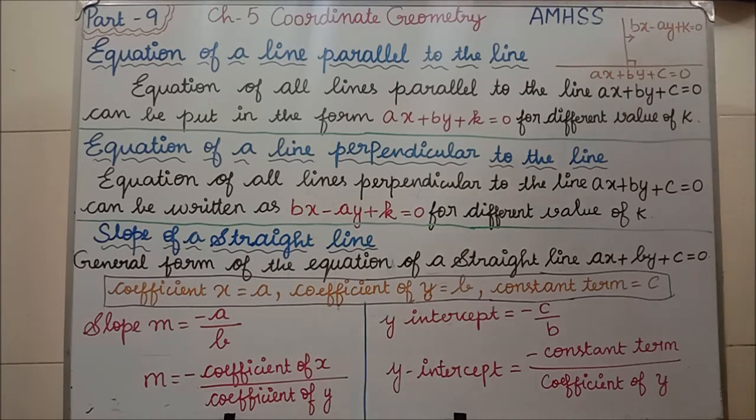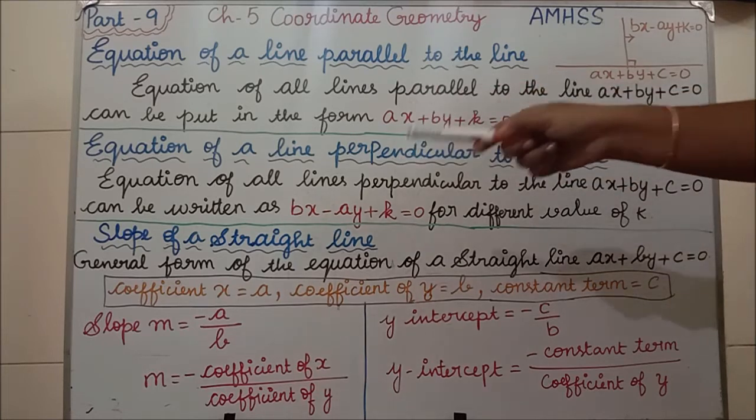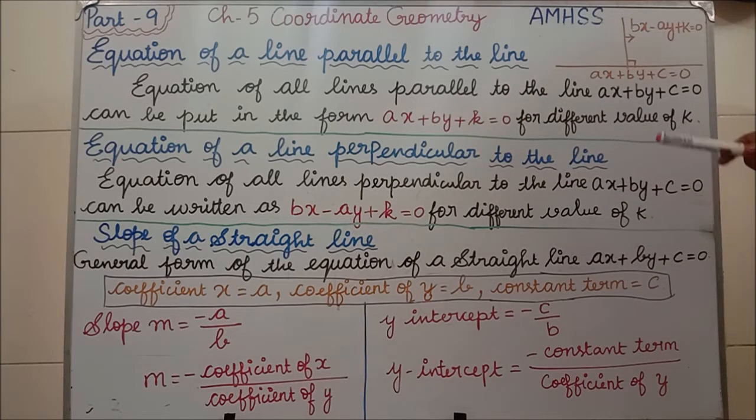Clear? You see here ax plus by plus c changes into bx. In between, the formula itself has minus. Here plus means you are going to write minus. Suppose here minus, then you are going to write plus in the middle. Clear? bx minus ay. Instead of the c you have to write k. Clear students? Parallel means what?